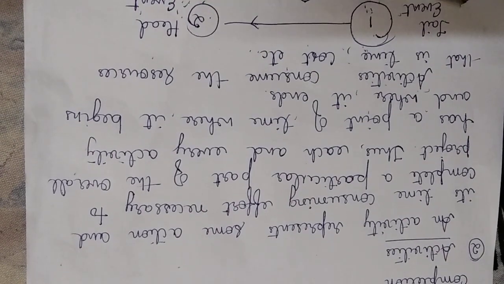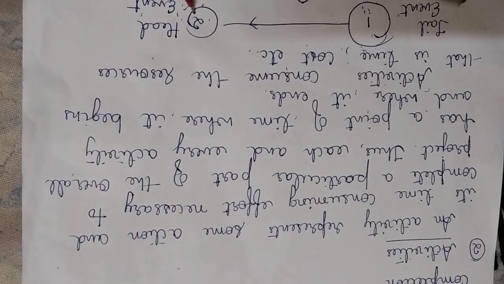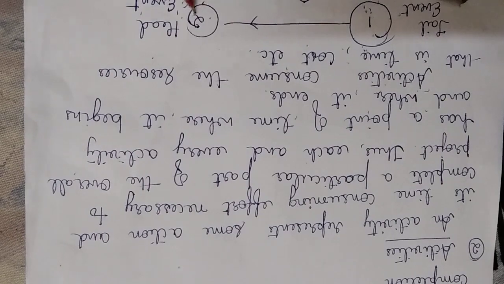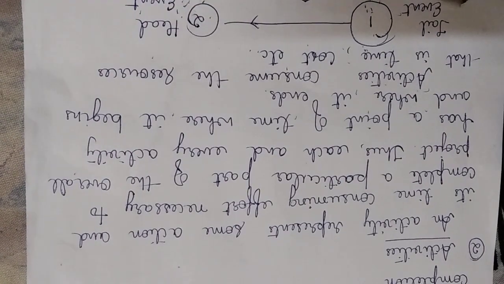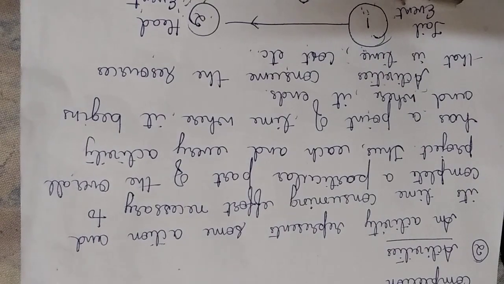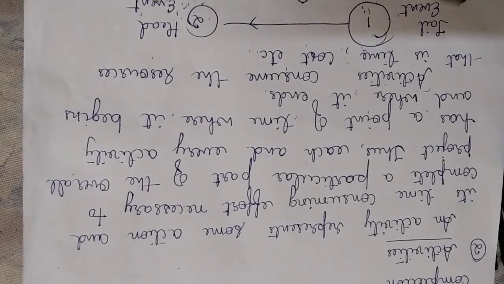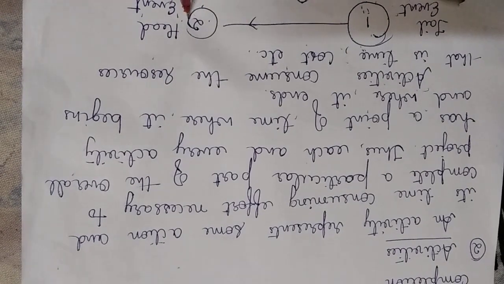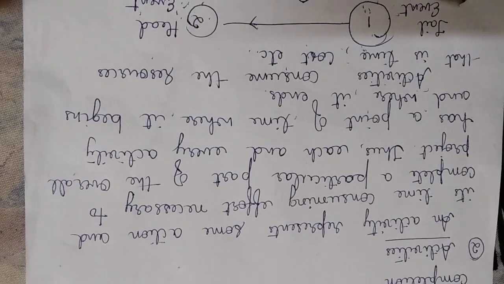If you see here, there are two events given, 1 and 2. After completion of the first event, you can go with the second. There are only two events here. This is called the tail event and this is called the head event. This is also called the predecessor and this is called the successor.